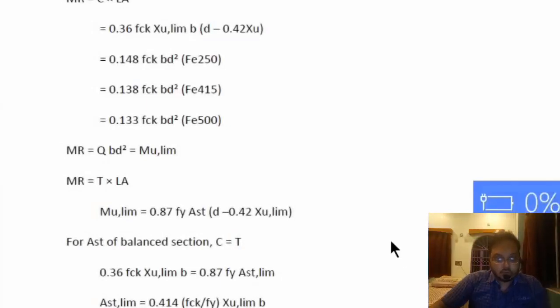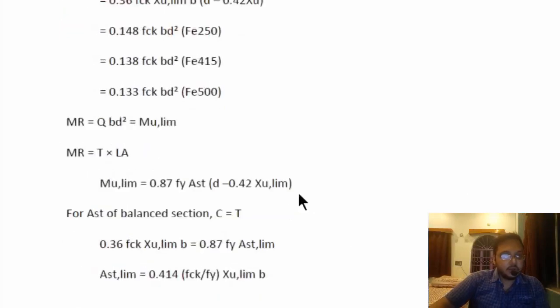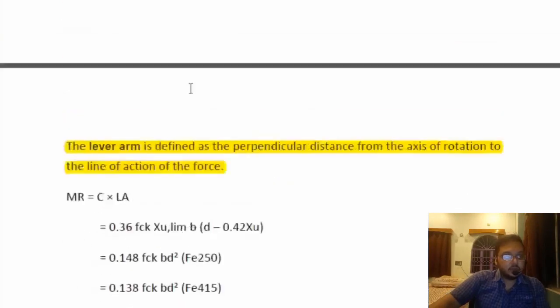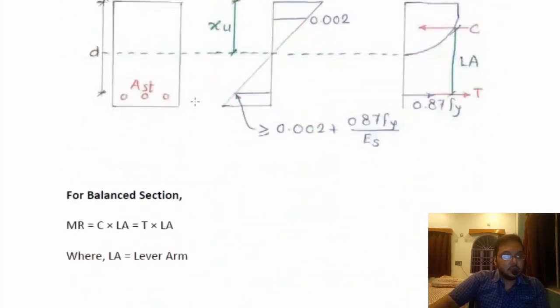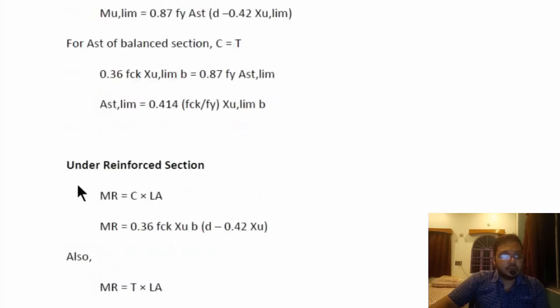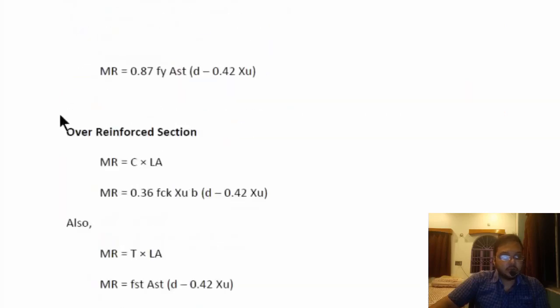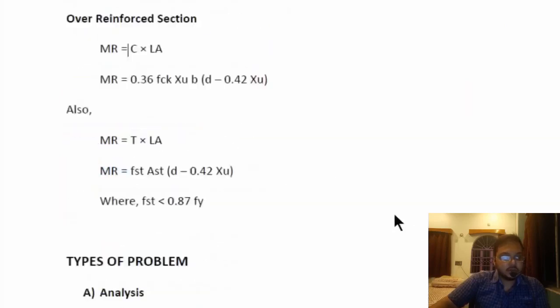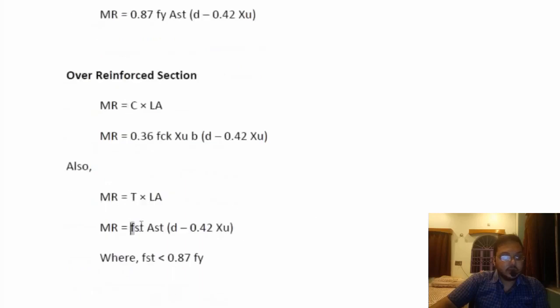So this is what we were doing. We calculated the moment of resistance for the balanced section, for the under reinforced section, and also for the over reinforced section, where we did just one alteration, that we used fst, which is less than 0.87 fy.